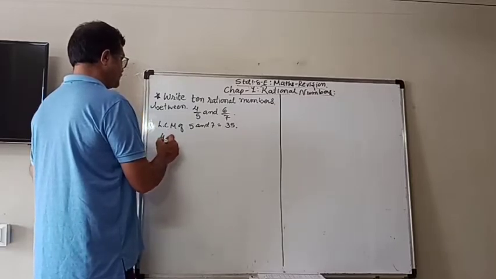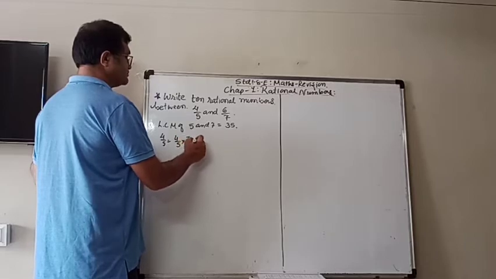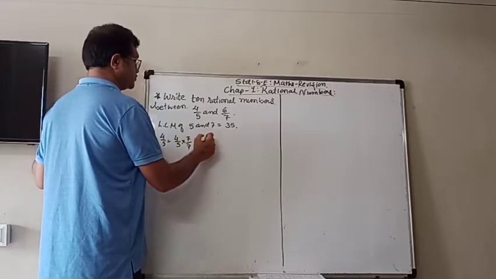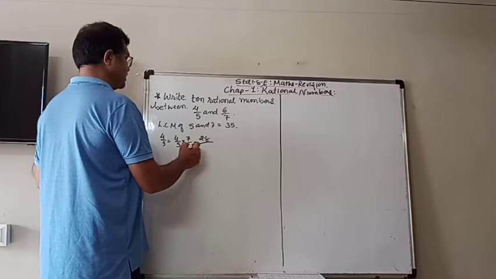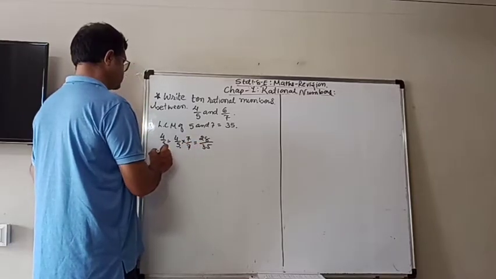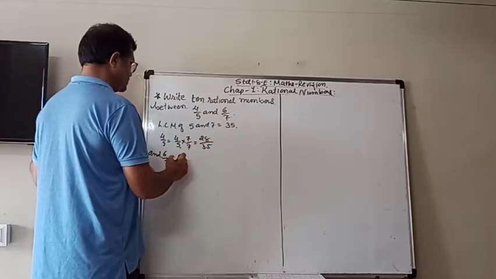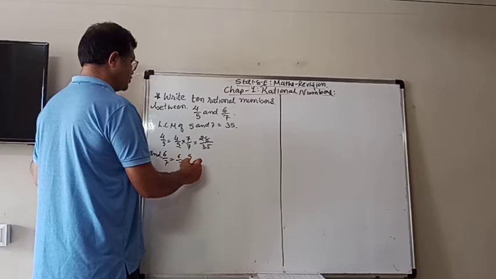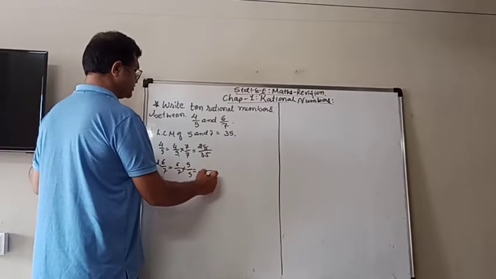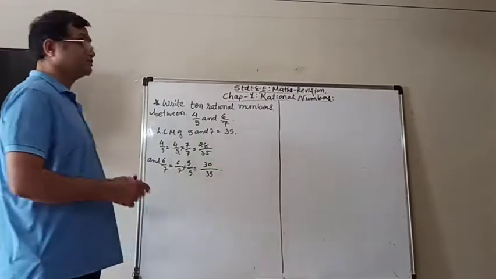So 4/5 is equal to, we multiply it by 7/7, so we get 28/35. And 6/7 we multiply by 5/5, so that 6 fives are 30/35.